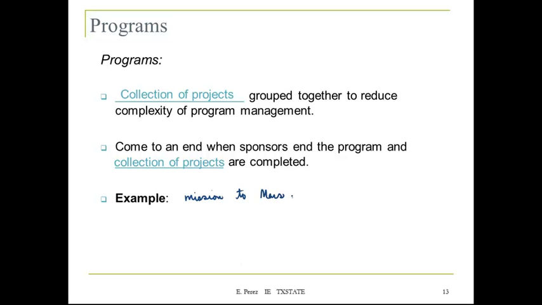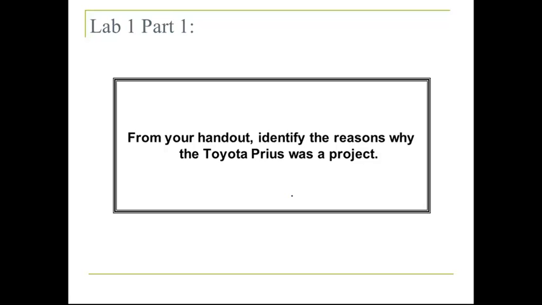Okay, so now I want you to work in groups of 2. This is going to be your first lab. 2 or 3, depends on how you want to work. And for the first lab, I want you to take this handout. You're going to have one per student and read through it.